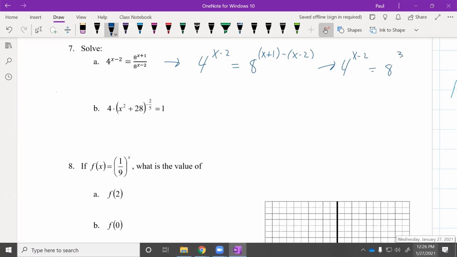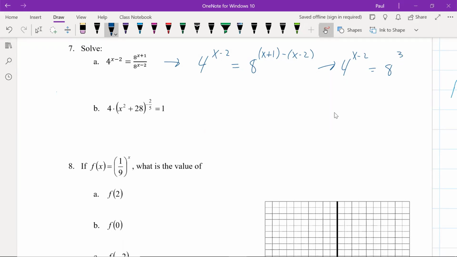Now, base 2. What do you think, Thomas? Write this all in base 2 for me. How do you write 4 as a power of 2? 2 squared, so 2 to the 2x minus 4. Yep. And 8 is 2 to the, no, 2 to the 9. No?